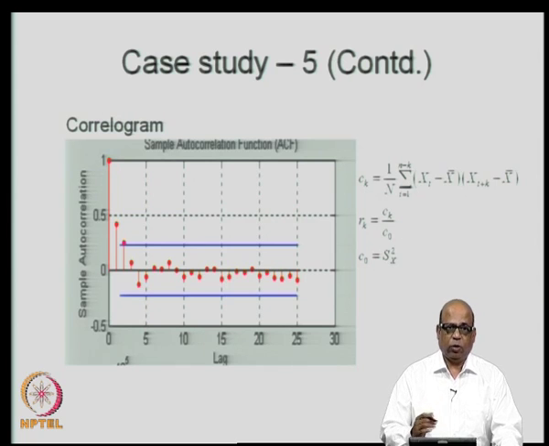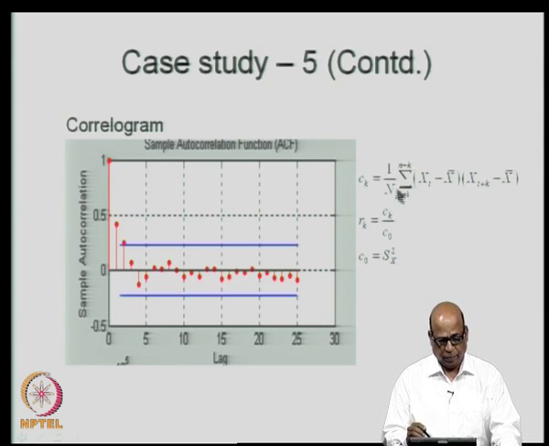Because I have discussed the correlogram about 4-5 lectures ago, let us recall how we formulate this. This is C k which is the covariance at lag k. You are considering the covariance between x t and x t plus k.